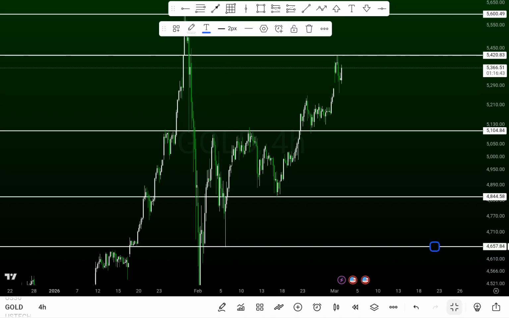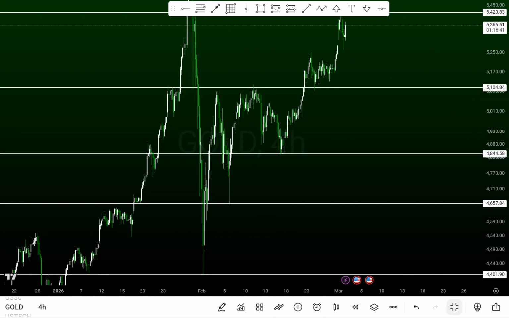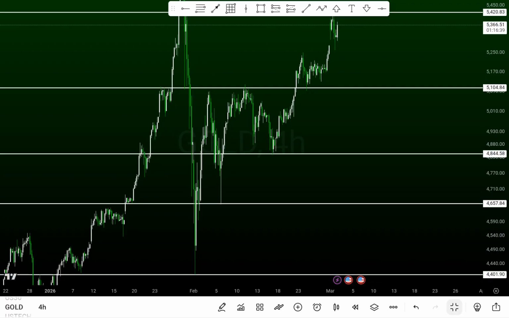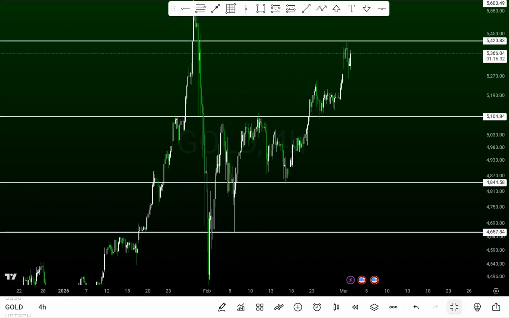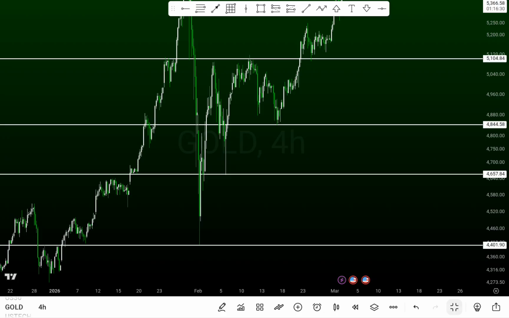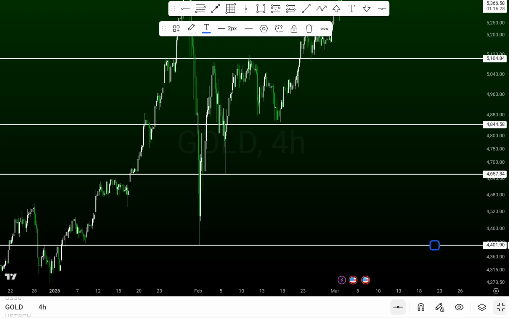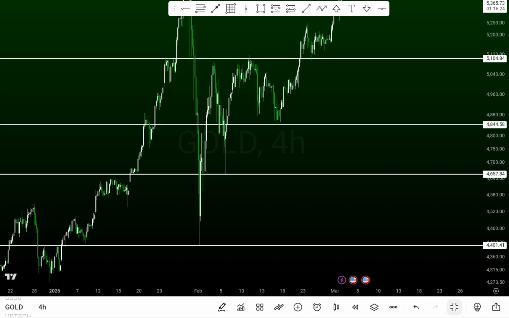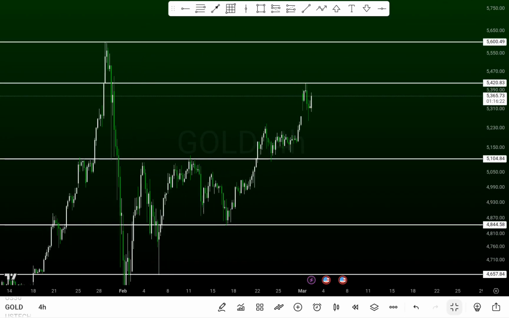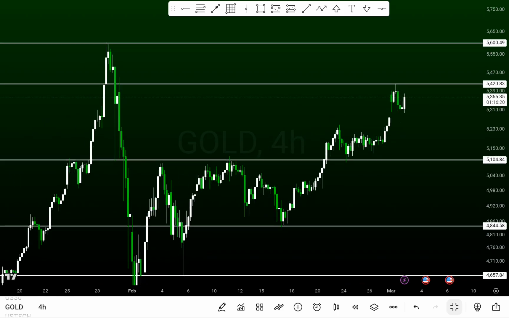What I normally check is where price rejected last and where price continued and broke through. So these are the levels that price rejected and broke through and last touched. Gold has already touched these prices and already broke through them.